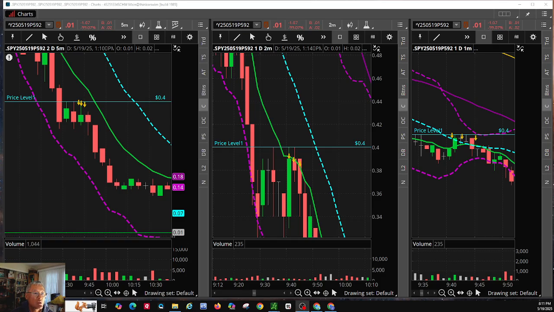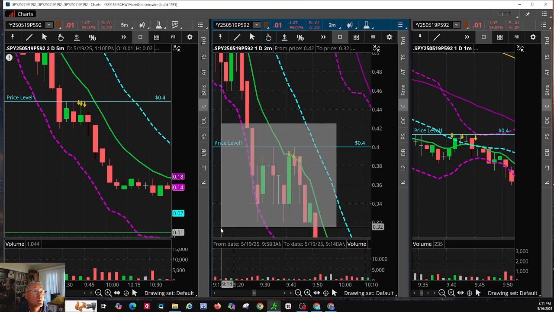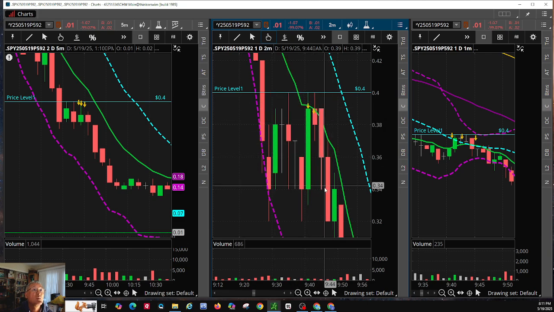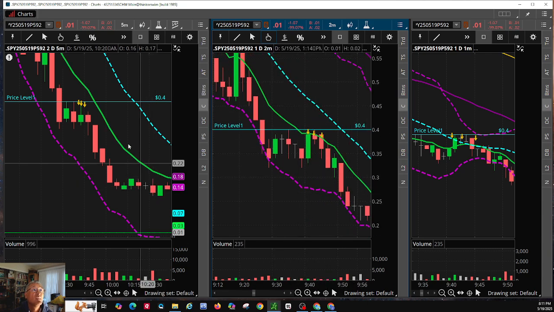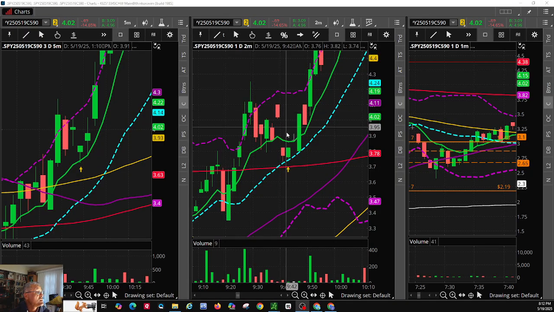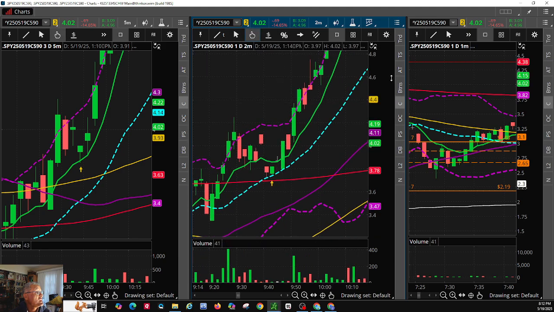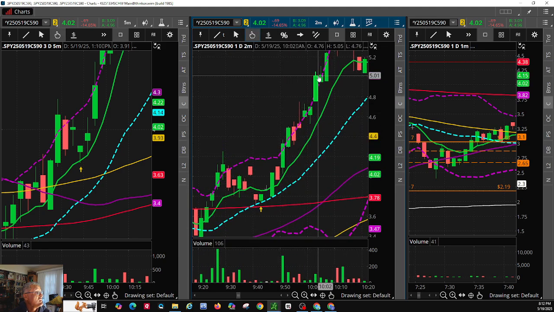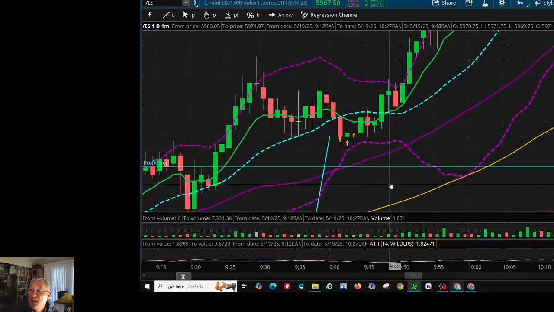And you know it's going to go in your direction because the puts are going to drop through here, and the calls are also following nicely, going up through here, perfectly.